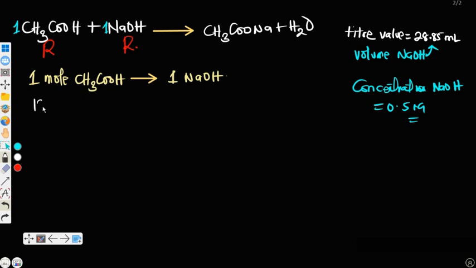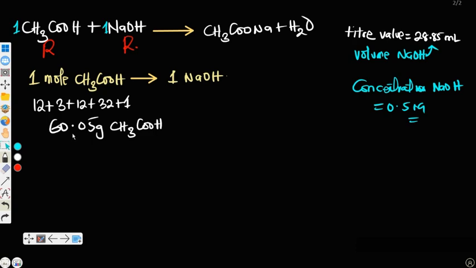Carbon is 12, plus hydrogen 3, plus carbon 12, plus oxygen 32, plus 1, which gives 60.05 grams. 60.05 grams of what? CH3COOH. But it is approximately 60 grams.